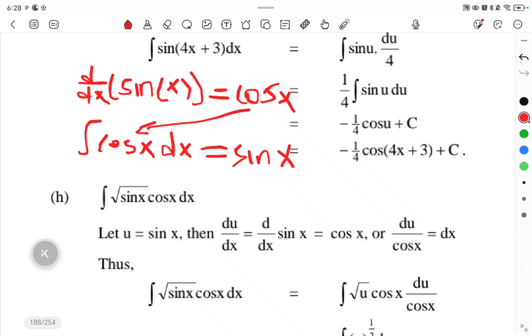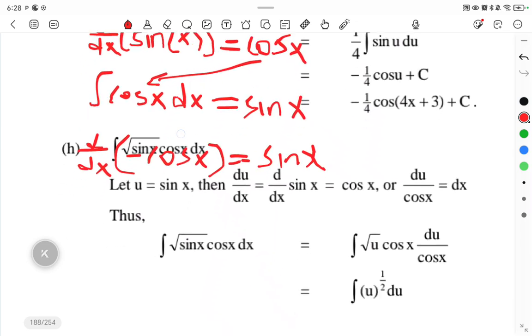You see, right? And when you derive negative cos x, you'll get positive sin x. This means when I integrate positive sin x, I must get negative cos x.